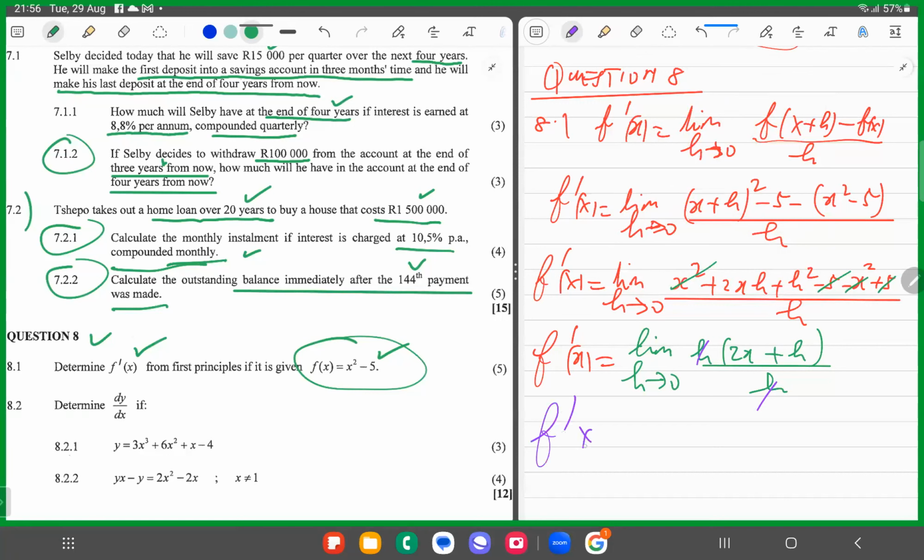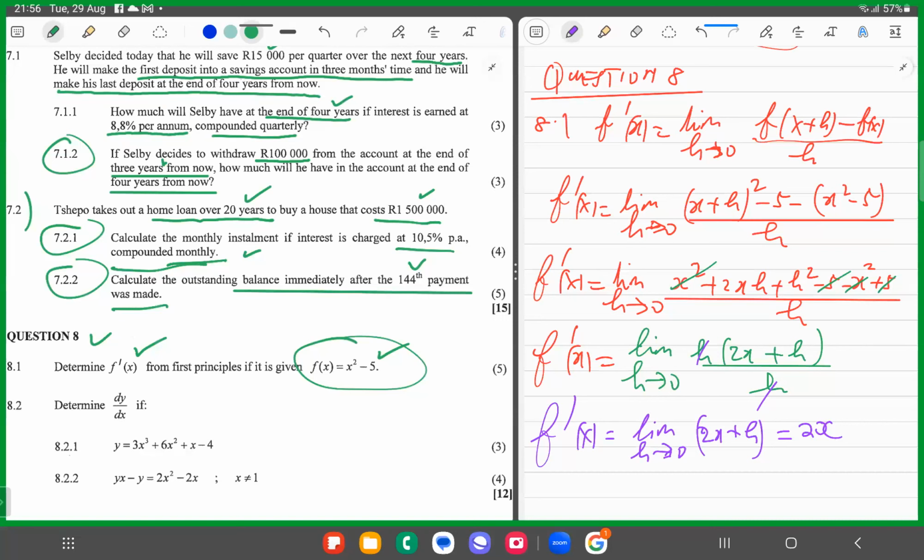And then you have f prime of x, which is the limit as h approaches 0 of 2x plus h, and this is 2x. This is exactly what? 2x. So that is the result.